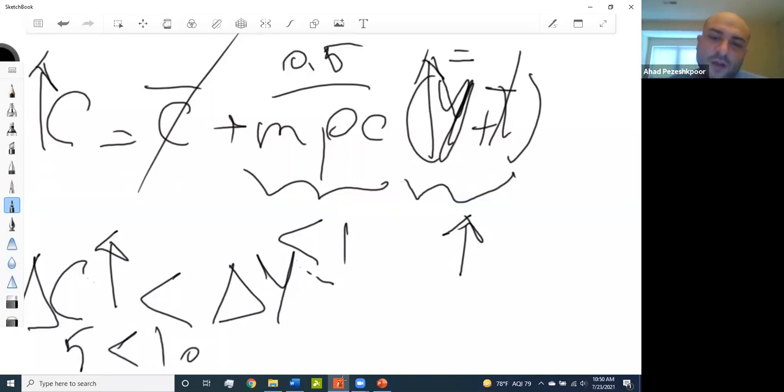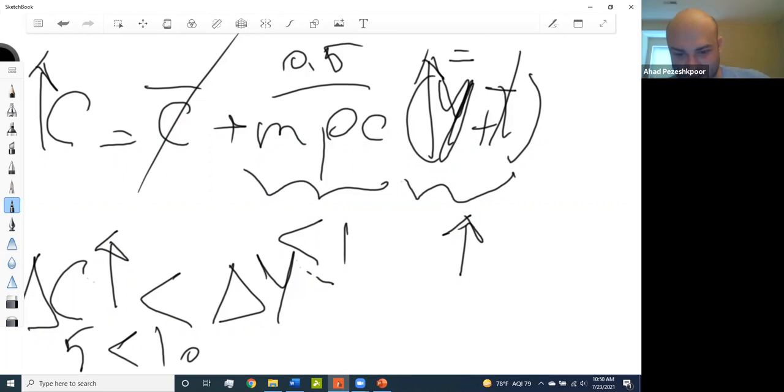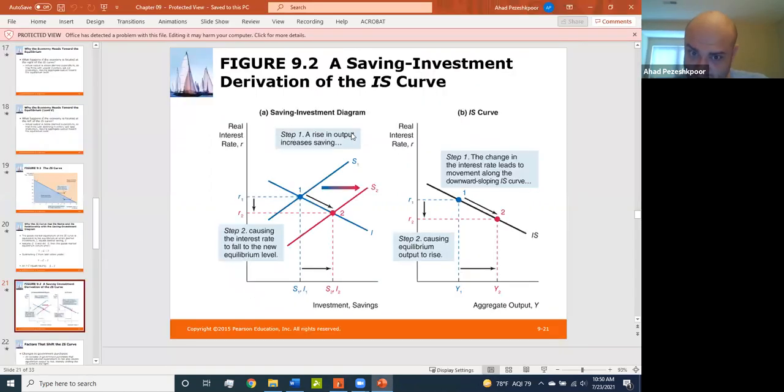What would happen to the other 5 if you don't consume it? What do you do to that? Would it become savings? Exactly, yes. So when output rises, you'll have increased savings.